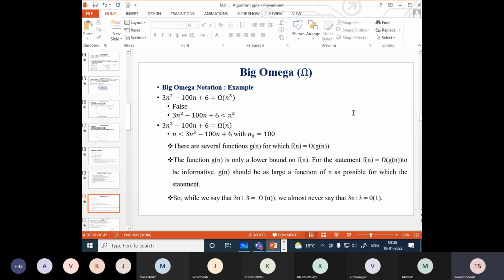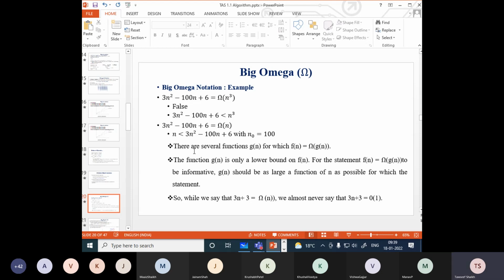No, it's false, because just by looking at the function we can tell that this omega is on the right hand side of this function, so it won't be true. 3n square minus 100n plus 6 is less than n cube.